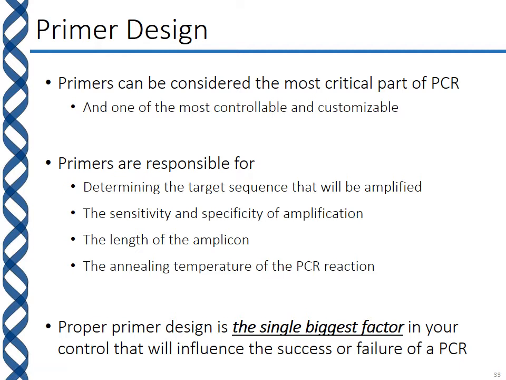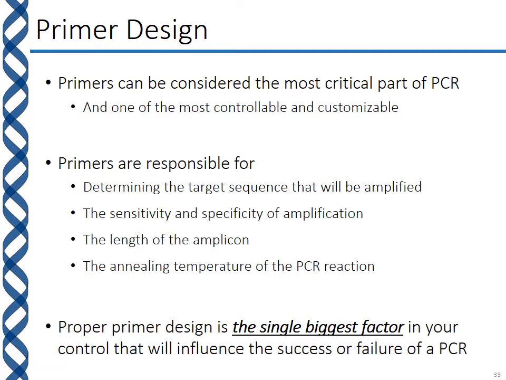But in terms of the specificity and where you're going to be amplifying from, the primers are really the prime determinant of all of those different parameters. So here we have listed: the primers are responsible for determining the target sequence that will be amplified.